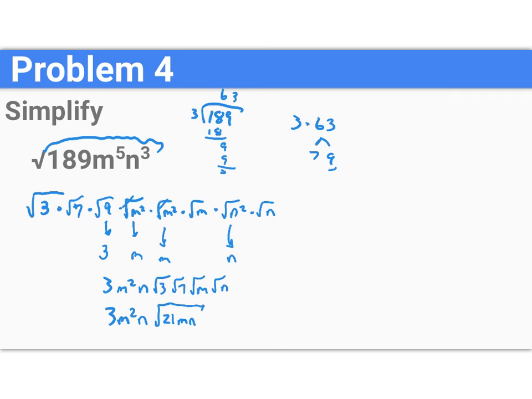However you want to say it, but this is the proper way to write it, with everything outside of the radical in front of the radical symbol, and anything under the radical is combined again into one term. So all of this is one term because it's all multiplied.